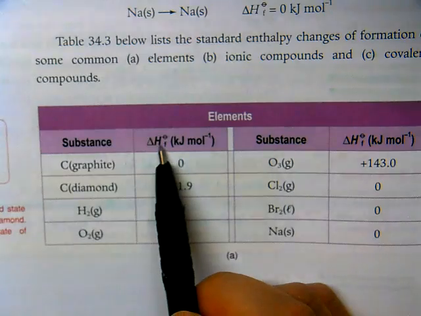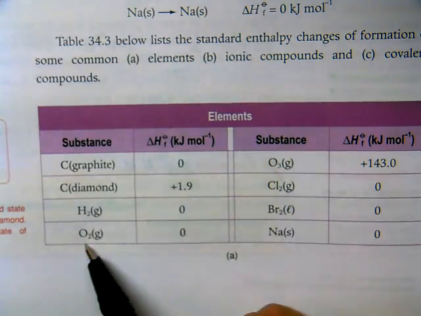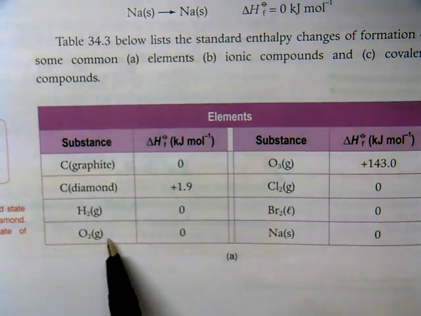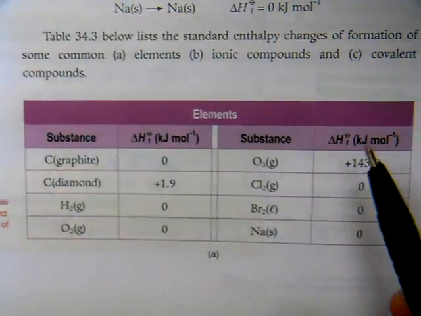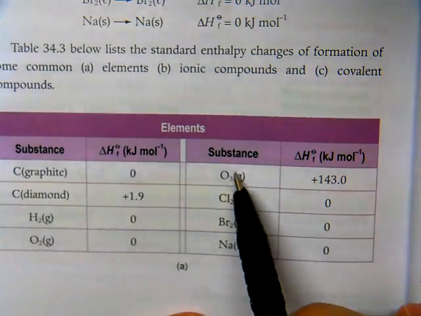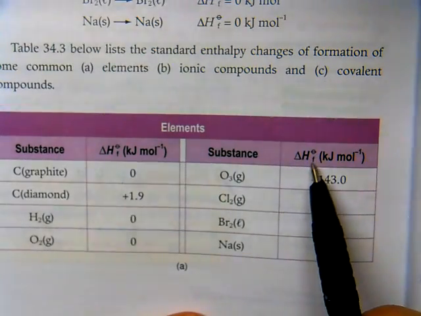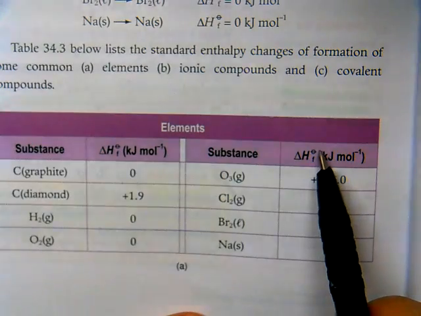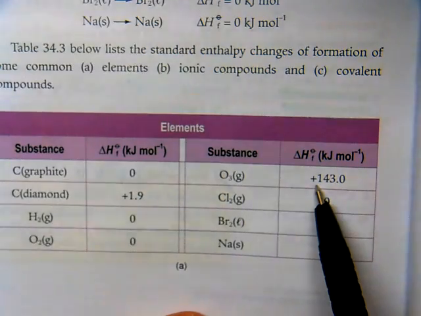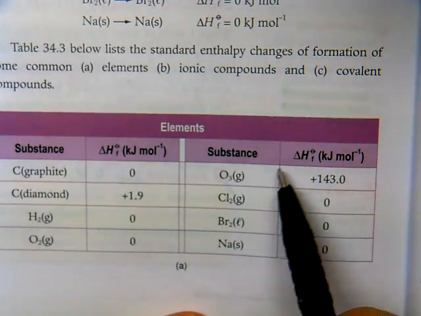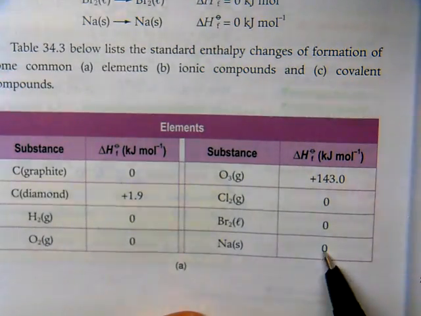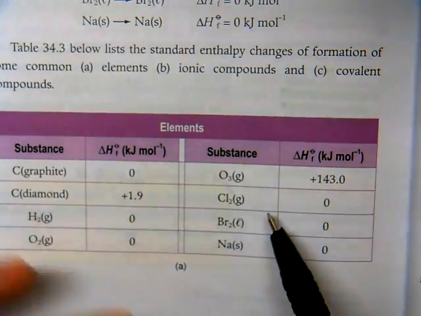The standard enthalpy change of formation of oxygen is also equal to 0 because oxygen is an element. Understand? Similarly, look at the right side of the table. The standard enthalpy change of formation of ozone is not equal to 0. Do you know why? Standard enthalpy change of formation of Cl2 is 0, because all these are elements.